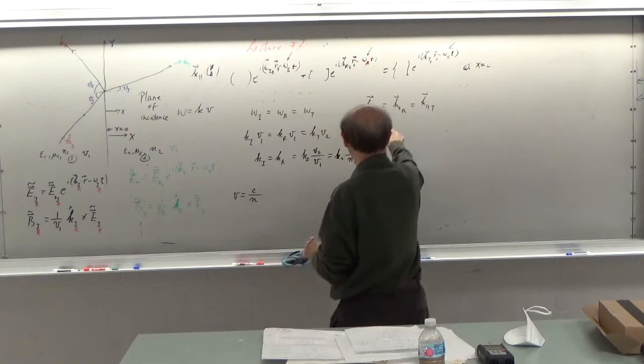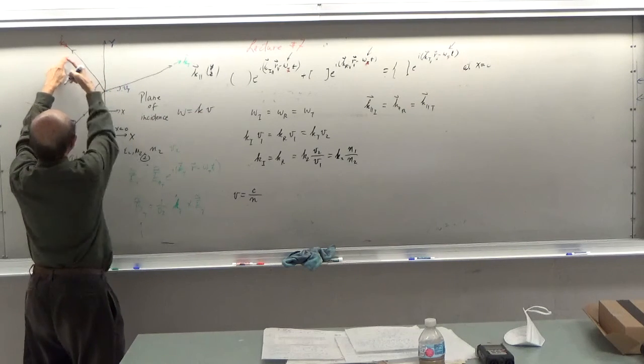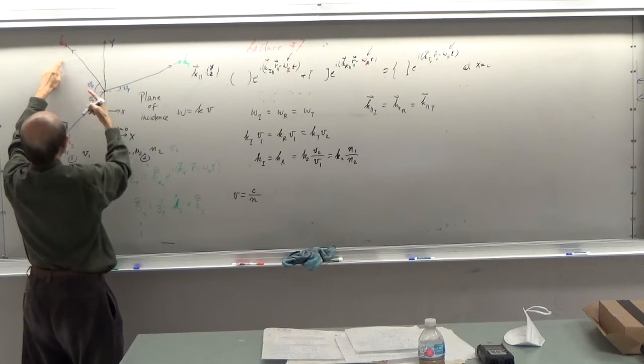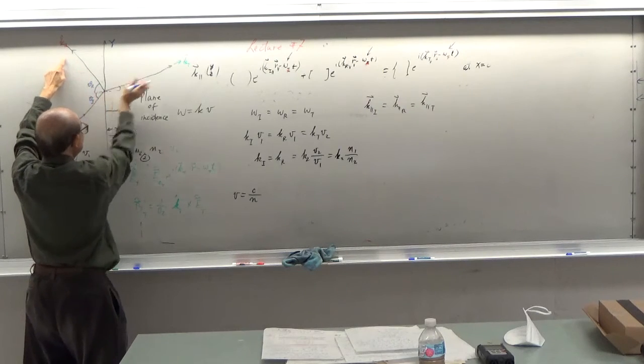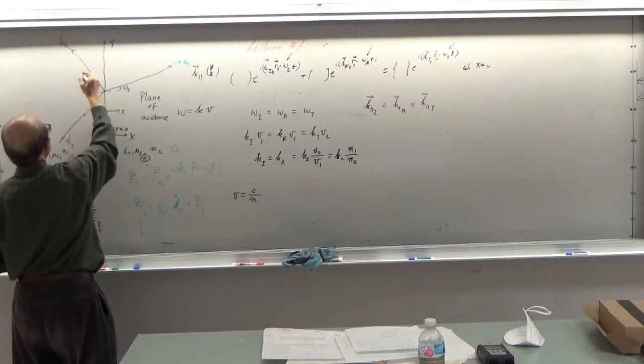Okay, so this is the k vector reflected, and this one is for transmitted.